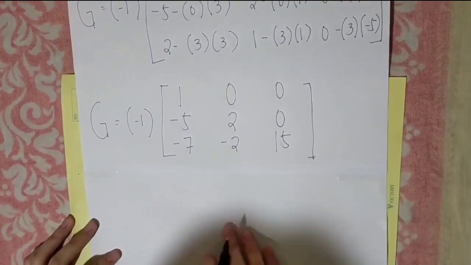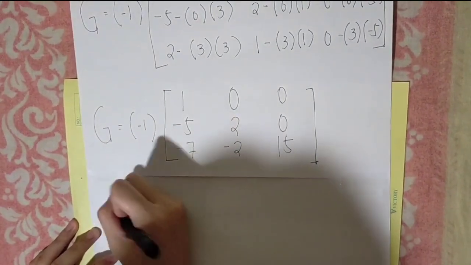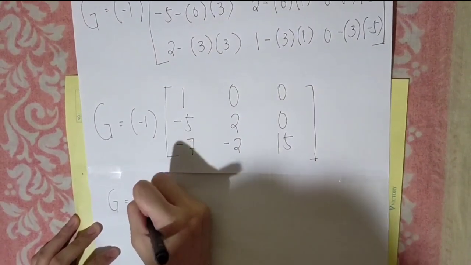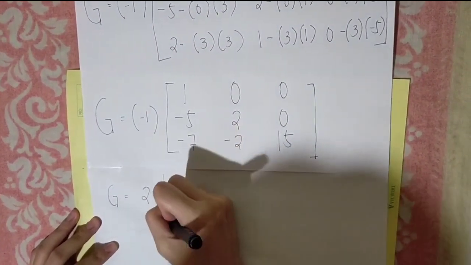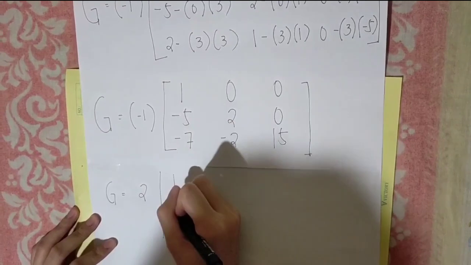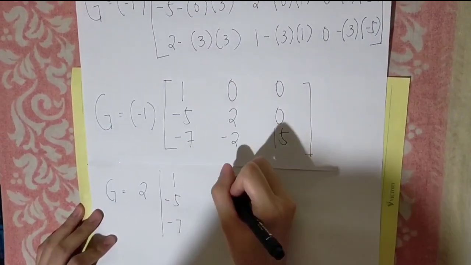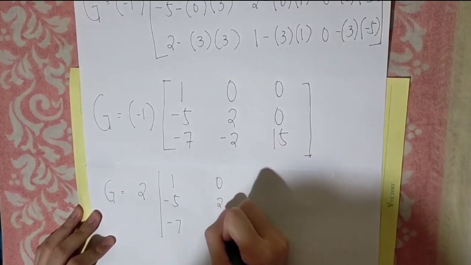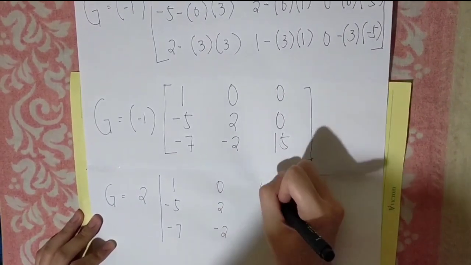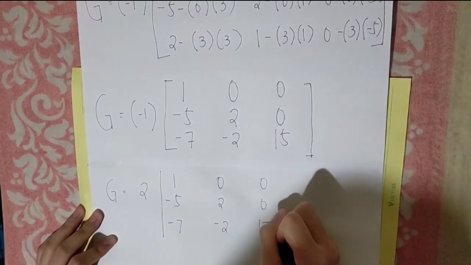Next, factor out. G equals 2 times the determinant 1, -5, -7; 0, 2, -2; 0, 0, 15.